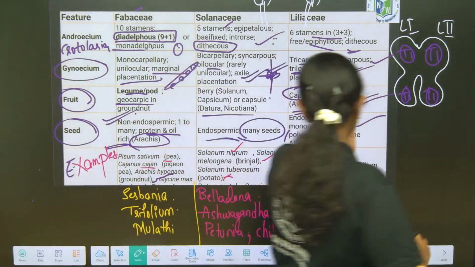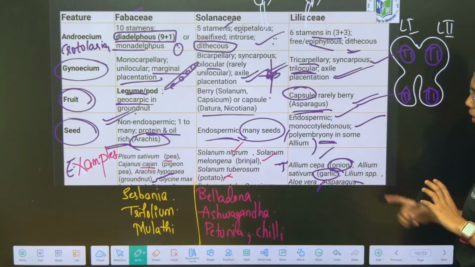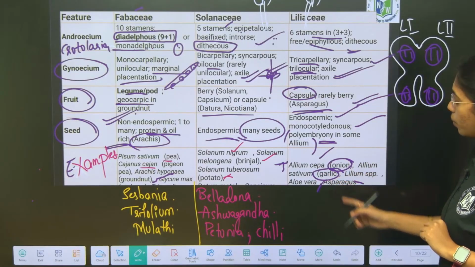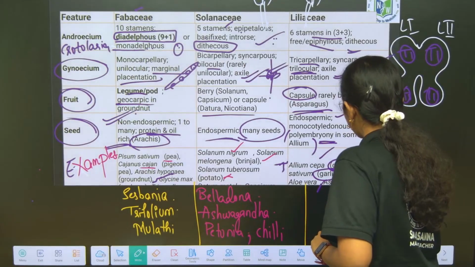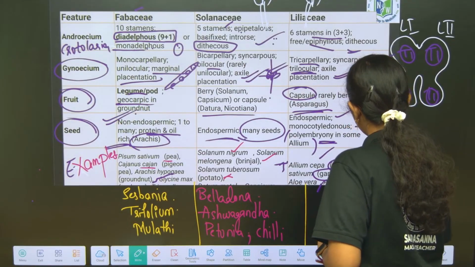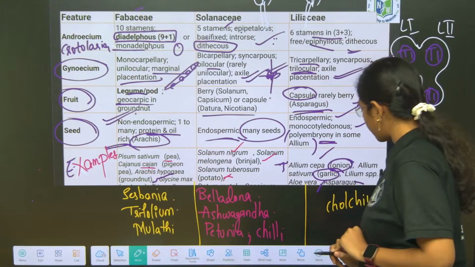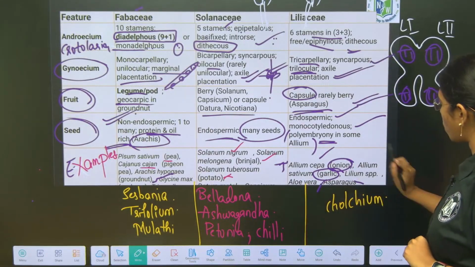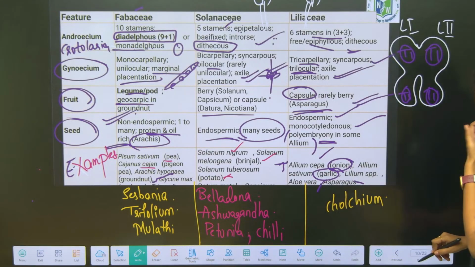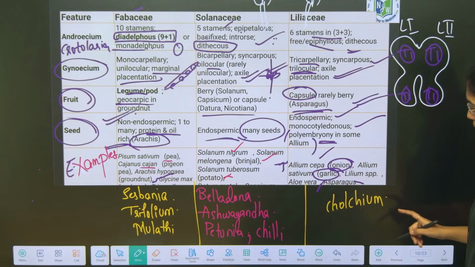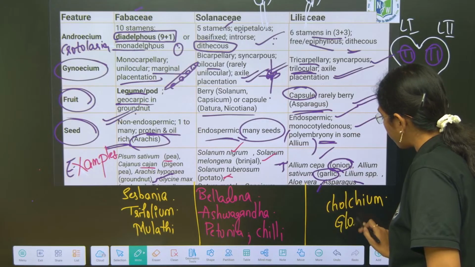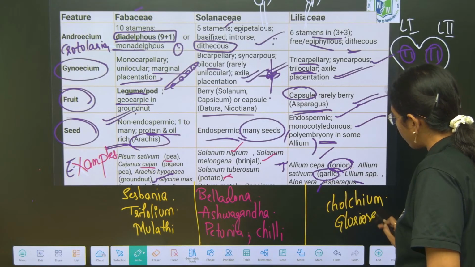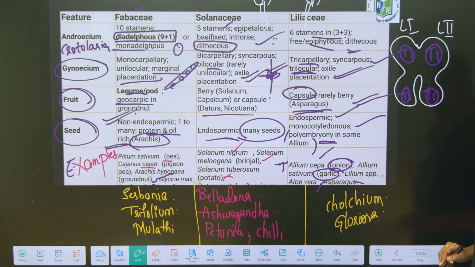Next, Liliaceae, most of the examples are given: Allium sativum, lily, aloe vera, asparagus. You can also take Colchicum, Lilium, Gloriosa, asparagus is there, tulip.